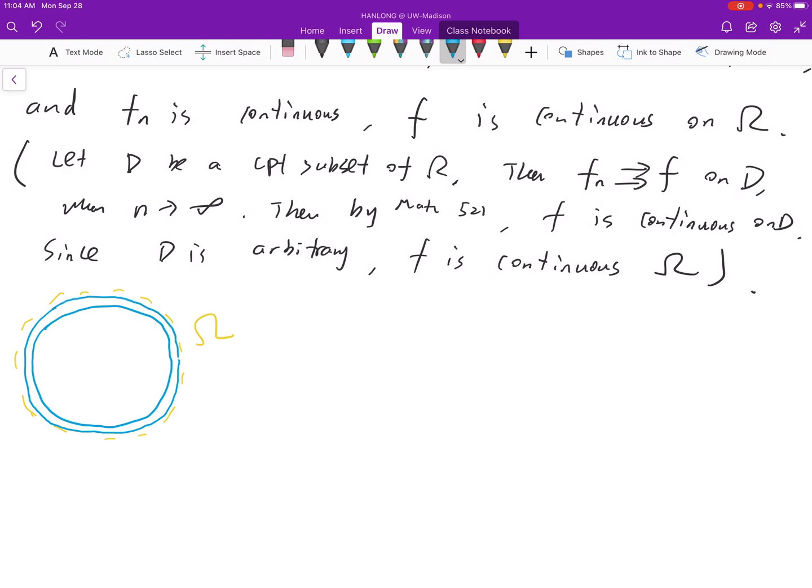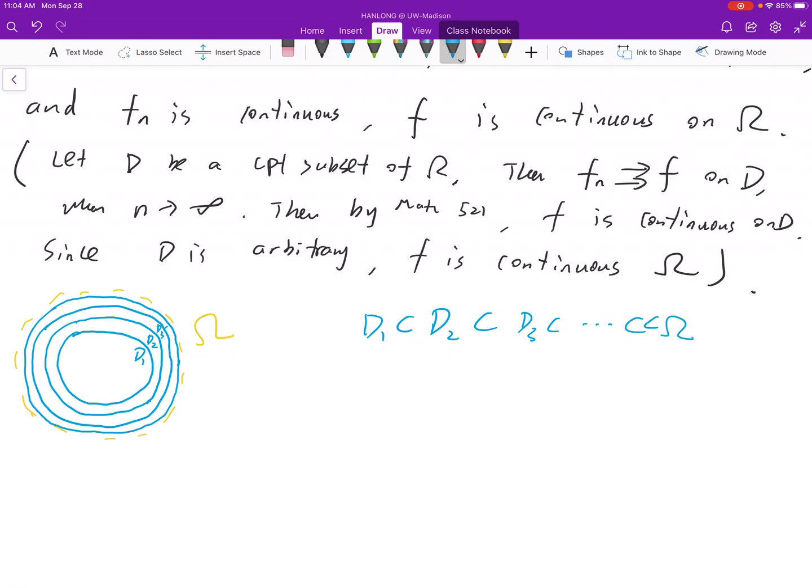If you recall what we learned before, when you discuss uniform continuity, differentiability, or whatever, you always work on a compact set D1, D2, D3, and so on. So you have a sequence of compact sets contained in omega, and the union is the whole domain.